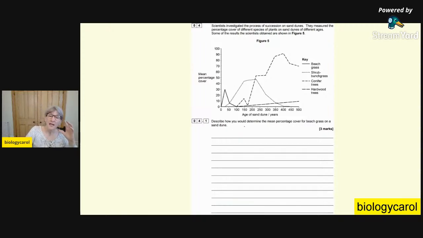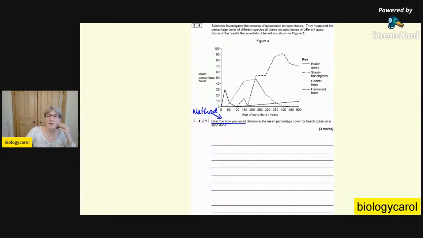Here is a classic command word that students do not know what it means. Describe how you would do something means write a method. It's not calculate it or do anything else with it. Write a method as to how you would do it.